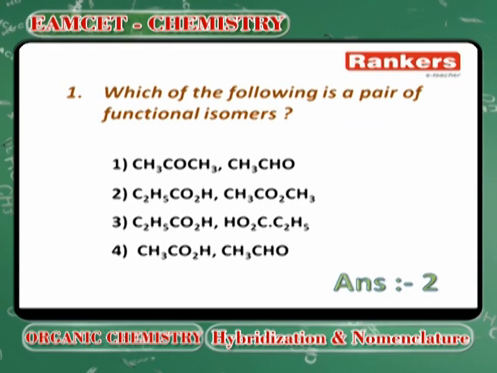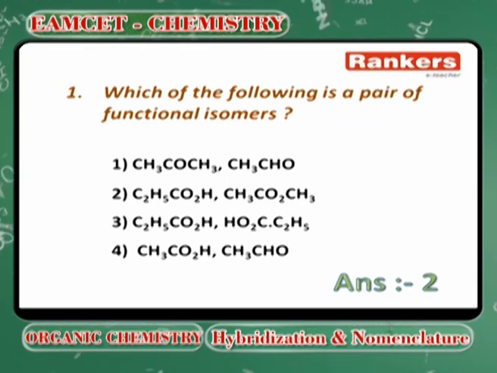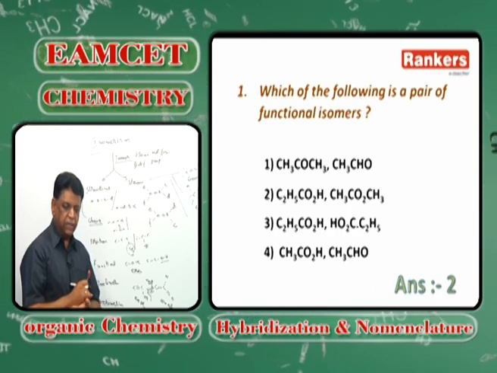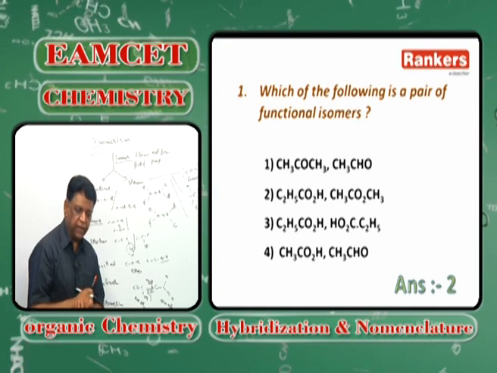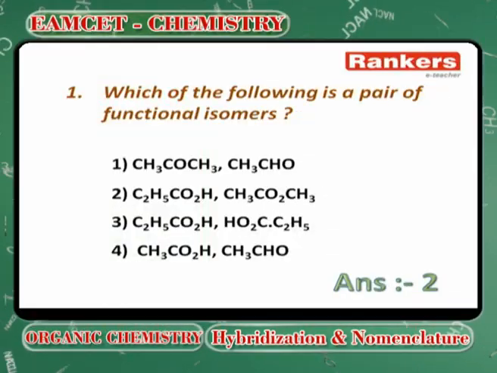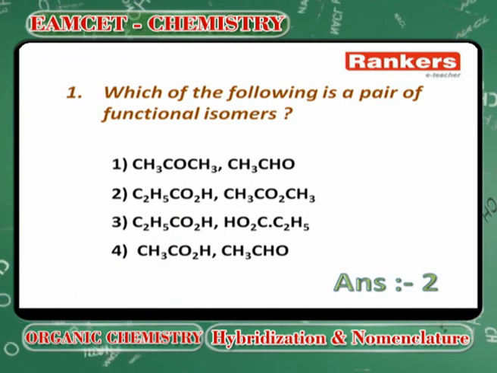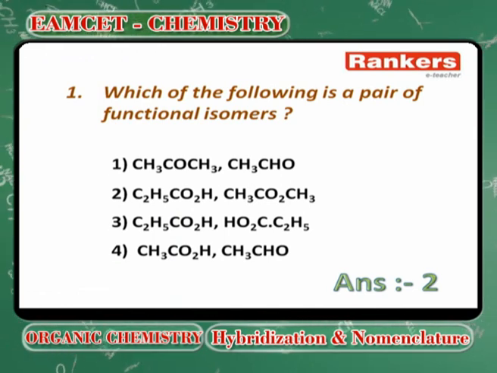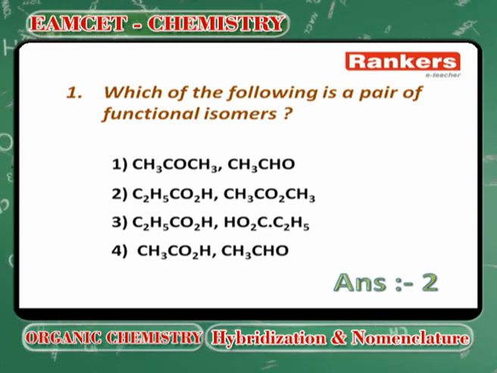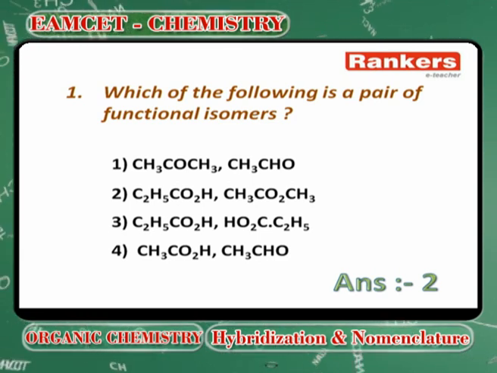In the third one we have propanoic acid and an alcohol, the reverse is actually the case, these are identical compounds in fact. The fourth one is ethanoic acid and an aldehyde, one oxygen is different, so the molecular formula won't fit. So the answer is the second, propanoic acid and methyl ethanoate are the functional isomers, ester and acid.